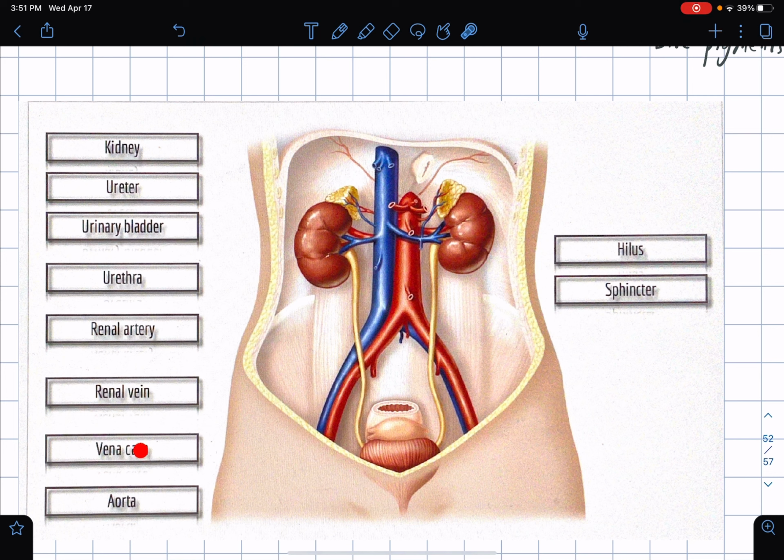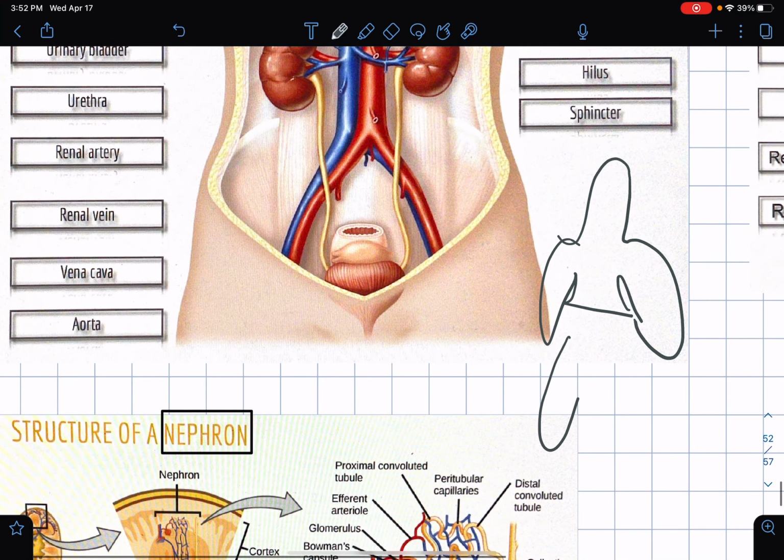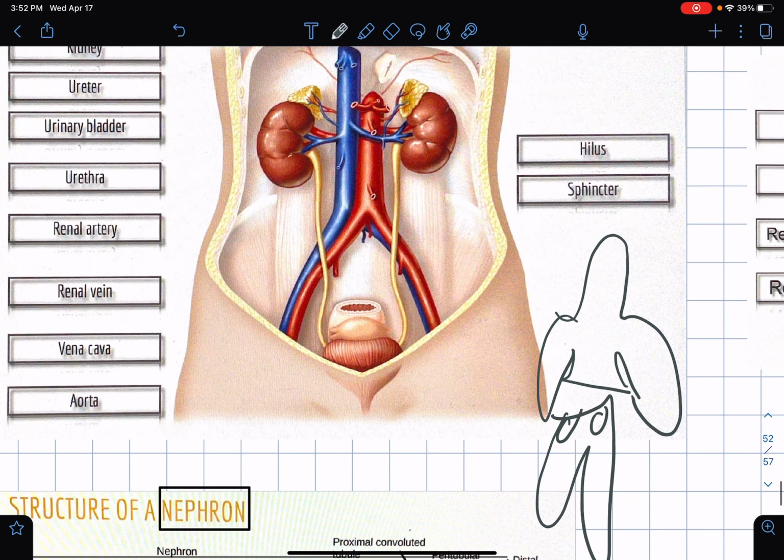Usually, I think it's the inferior vena cava, since the kidneys are part of the waist, which is the inferior region of the entire body. The superior region is usually the head and the arms. What's below is this, and this is where the kidneys are, not drawn to scale.